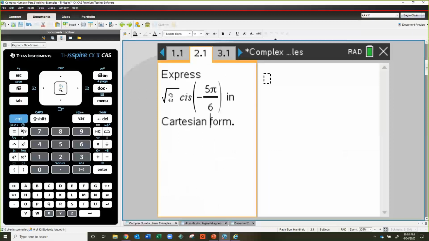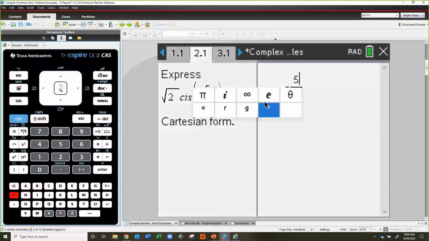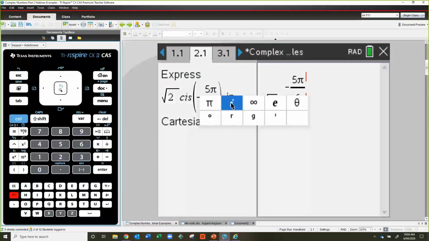Second question: express root 2 e^(-5 pi i on 6) in Cartesian form. If we start with polar form, again in the calculator screen, we enter this as square root 2, and then we need to use e because we need to enter it in Euler's form, and we can use the fraction tool, 5 pi over 6, and remember we need to add i in the power.